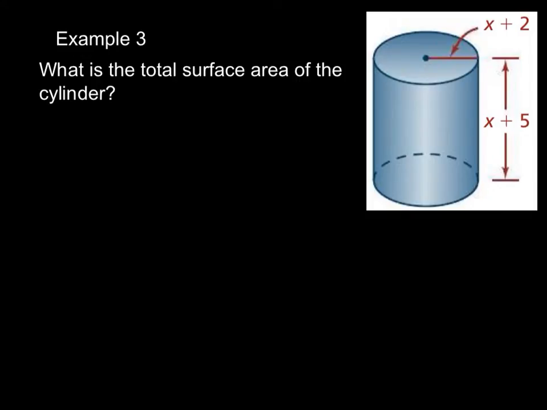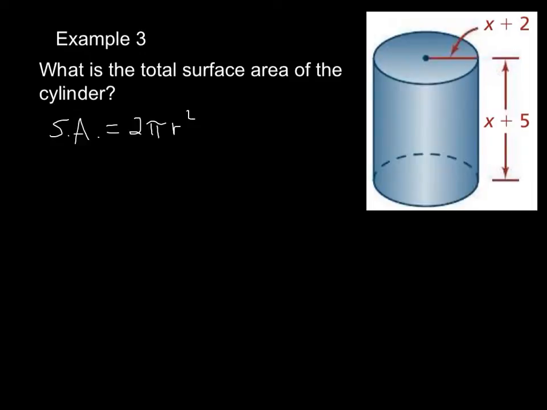Okay. So let's look at an application that kind of applies to geometry, looking at the surface area of a cylinder. So if we're looking at the surface area of a cylinder, then that means I need the area of each of these circles, and the area of a circle is pi r squared, so there's two of those.